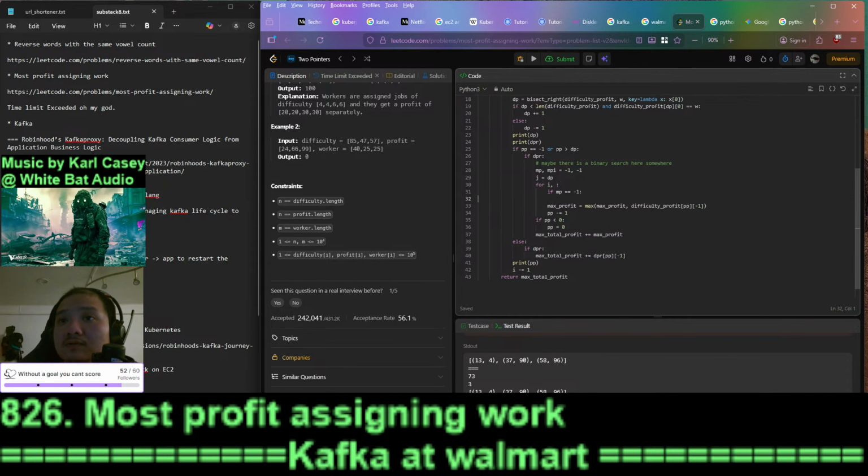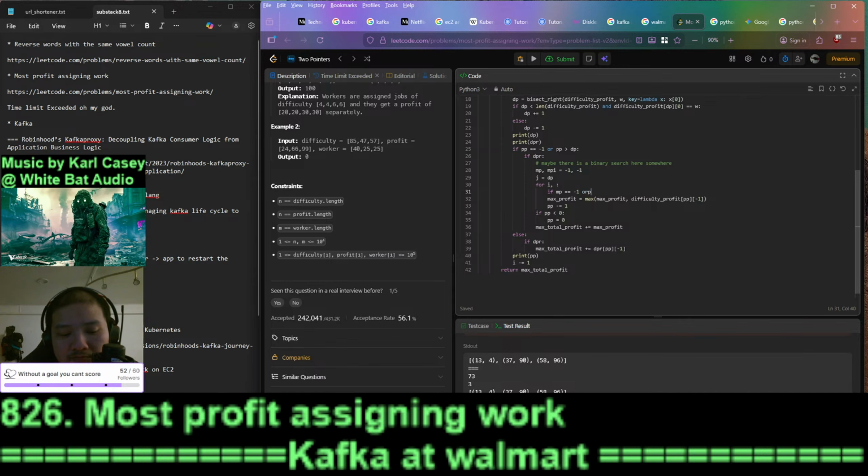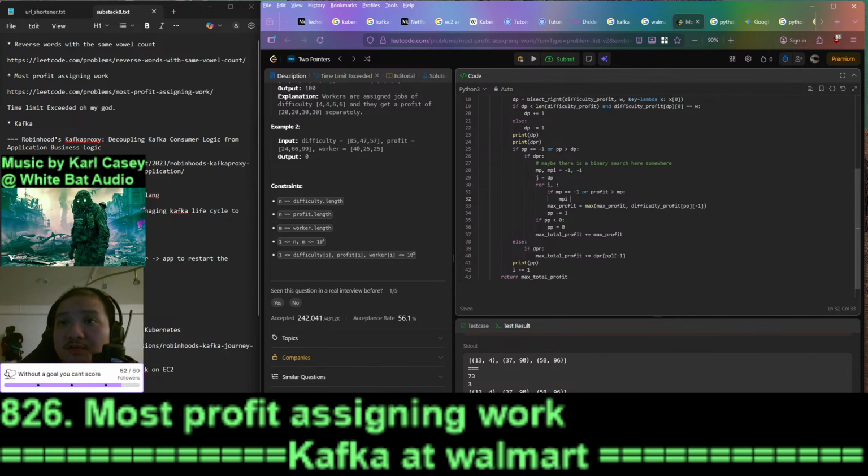Or whatever the number here, profit is greater than max profit, then gonna be equal to that index J here.